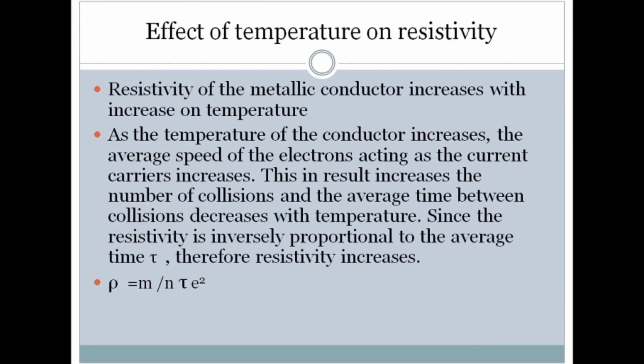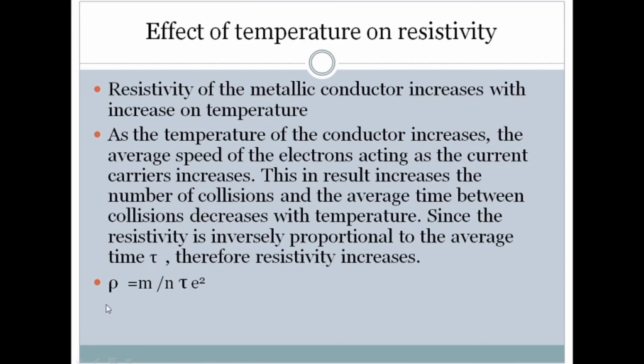Next, effect of temperature on resistivity. Now, resistivity of metallic conductors increases with the increase in temperature, because with the increase in temperature, the average speed of the electrons increases due to which the number of collisions increases and the average time between the collisions decreases.